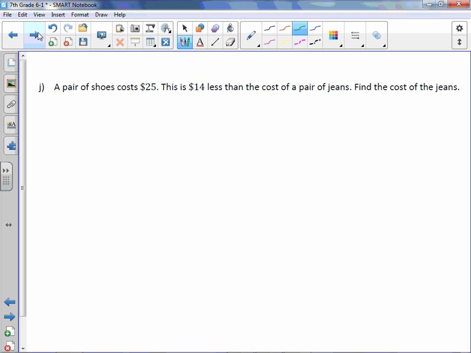Letter J, a pair of shoes costs $25. This is $14 less than the cost of a pair of jeans. Find the cost of a pair of jeans. So I'm going to say let X equal cost of jeans.